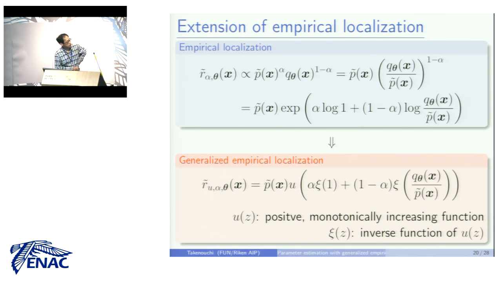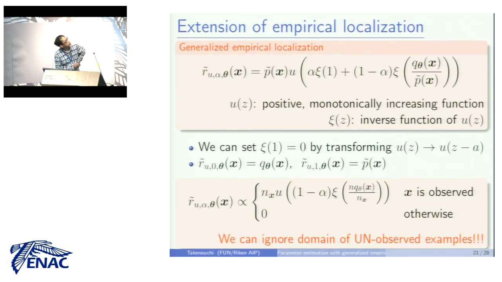And we generalize this empirical localization like this. U is some positive monotonically increasing function, and xi is the inverse function of U. So I replace the exponential with U and the logarithm with xi like this. So this is a generalized empirical localization.